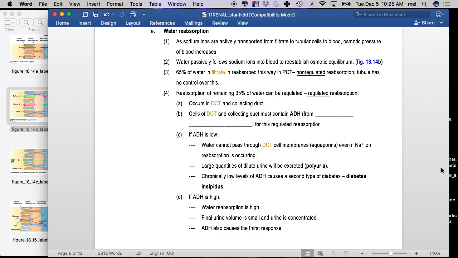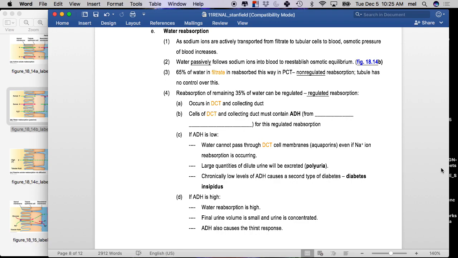If ADH is high, like in Melanie, then your water reabsorption is high. But why? If ADH is high, basically I'm not drinking very much water, and I deliver relatively concentrated blood plasma to my hypothalamus, which says, hey, that's too much. And it causes the posterior pituitary to release ADH, which targets which part of the nephron?